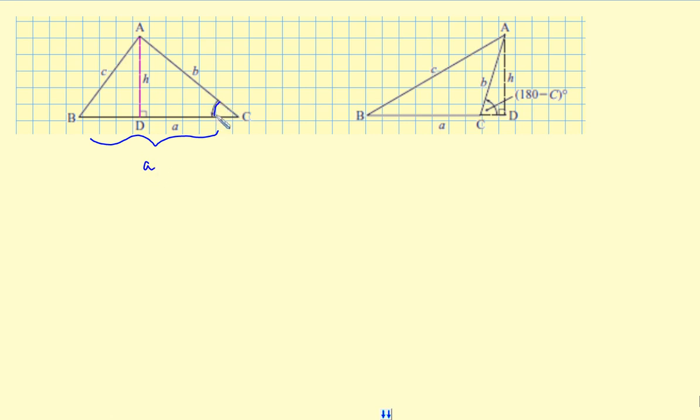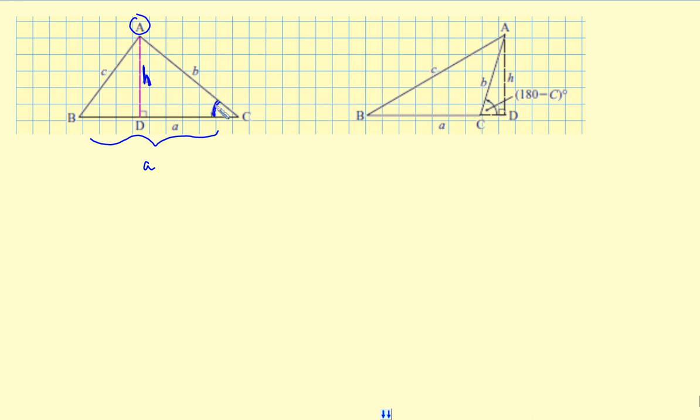If this is angle C, side c will be opposite that, and side b will be opposite angle B. In creating a perpendicular from the angle A to the base of the triangle, I have made a 90-degree triangle there. And what I have here is h for height.